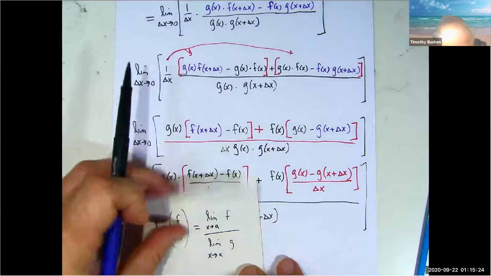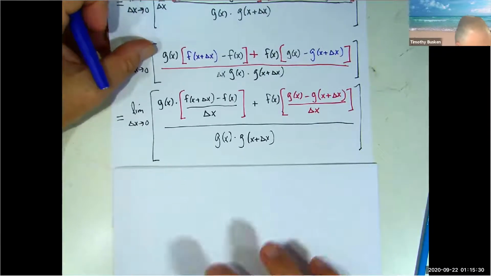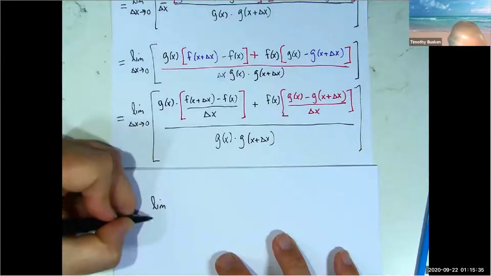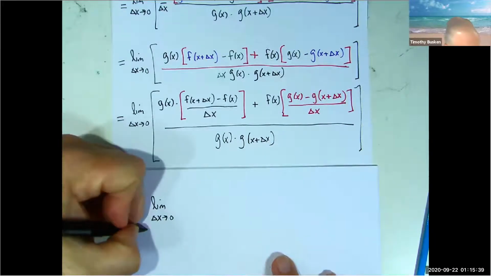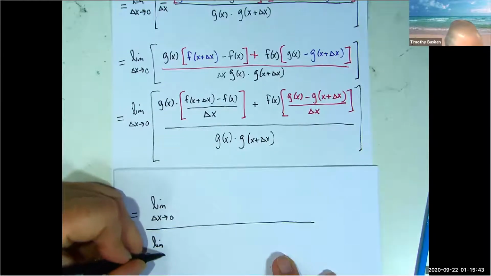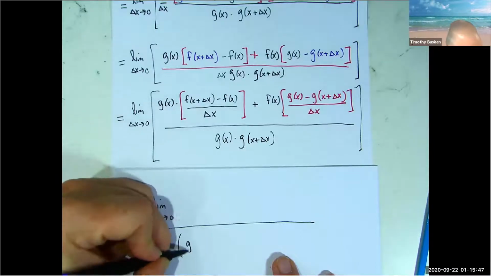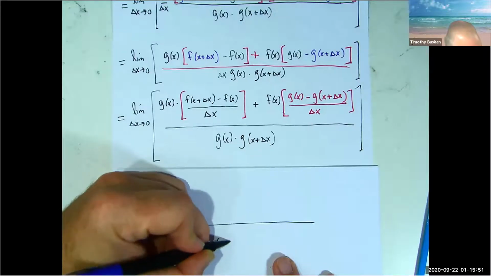So let's see what that looks like. Now this is equal to the limit as delta x approaches 0 divided by the limit as delta x approaches 0. So now we're just putting in the denominator and the numerator. So this will be g of x times g of x plus delta x.